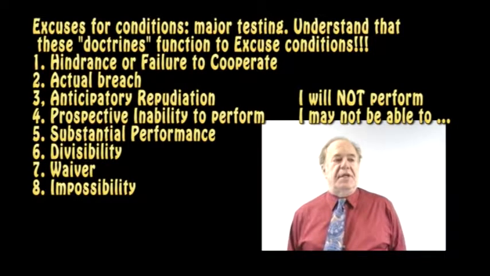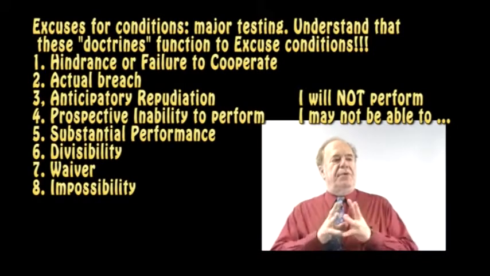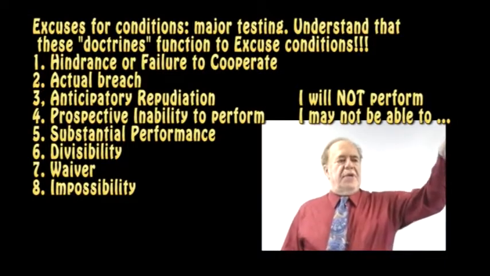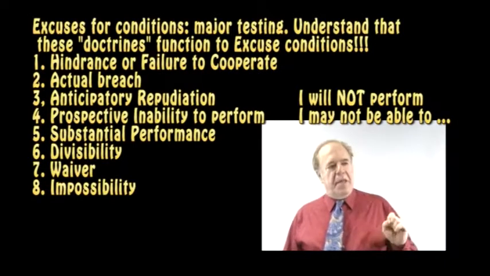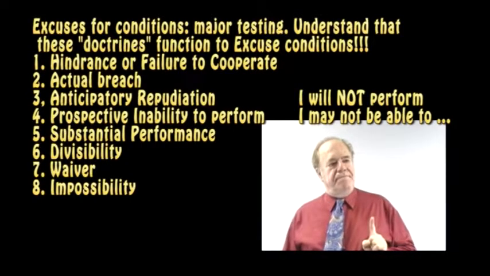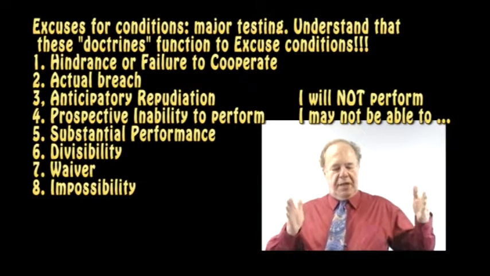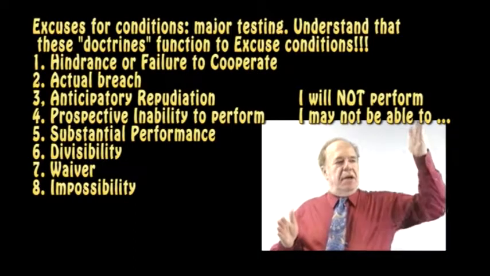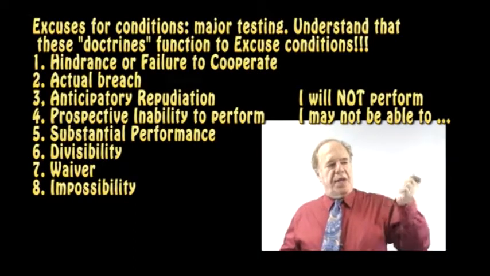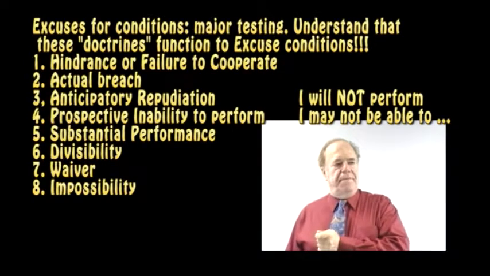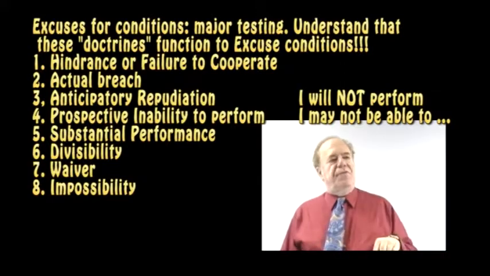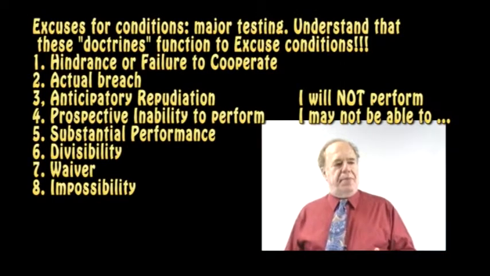Substantial performance excuses complete performance, so that the other party has to pay with a set-off for minor damages. Divisibility: if the contract provides for equal performances for equal amounts of compensation, I will build you 5 houses for $200,000 each, and I build the first 3 and then I stop.